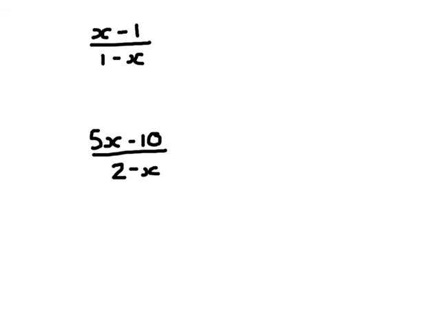Okay, this is a slightly trickier situation we've got at the top here. And what you should be able to spot is that this expression here, x minus 1, this is the reverse of that. So it's effectively been multiplied by minus 1. So what we've got in effect here is a little bit of algebra on the top, and then we've got the reverse of that, that multiplied by minus 1, on the bottom.